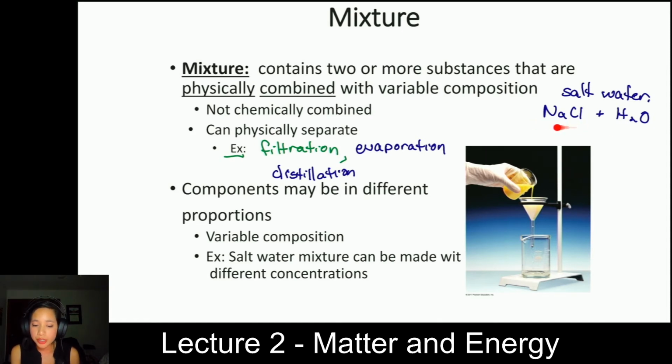We could have 1% of sodium chloride in water. It doesn't matter what the mixture percentages are, it will still be salt water. So that's what we mean by variable composition. Salt water mixtures can be made with different concentrations.